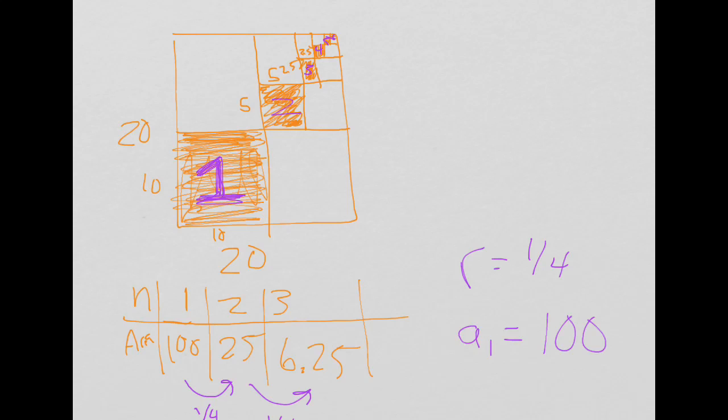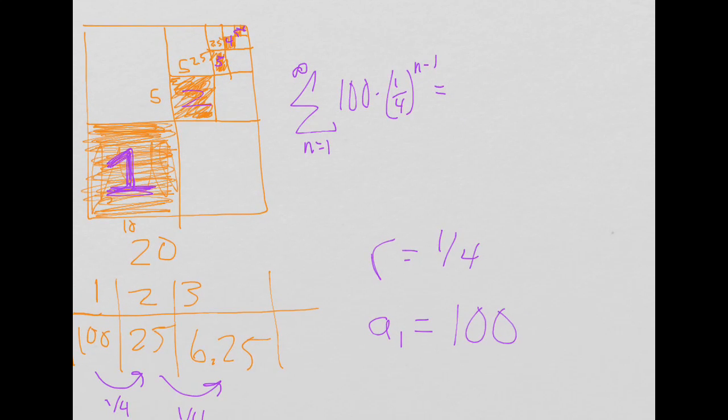So let's write ourselves a series in sigma notation from n equals 1 up to infinity of our first term, 100, times our common ratio, which is 1/4, to the power of n minus 1, is going to equal, as we know, the first term, 100, divided by 1 minus our ratio, which is 1/4.